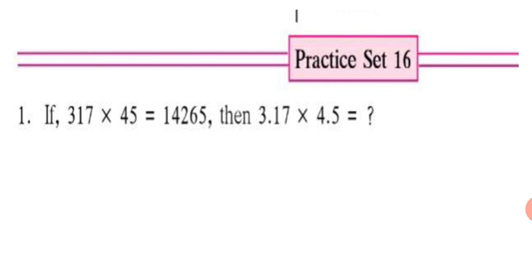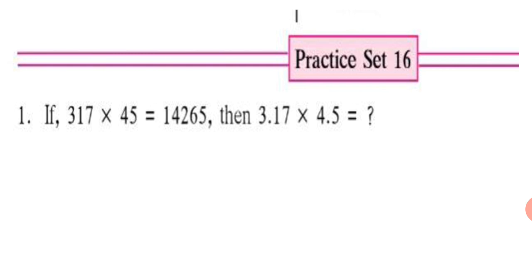Because in the first multiplication there is no decimal point, but in the question next there are decimal points, two decimal points. So see total how many digits are there after decimal point. 3.17 we get two places, 4.5 we get one more place, so 2 plus 1, total 3 places after decimal point.